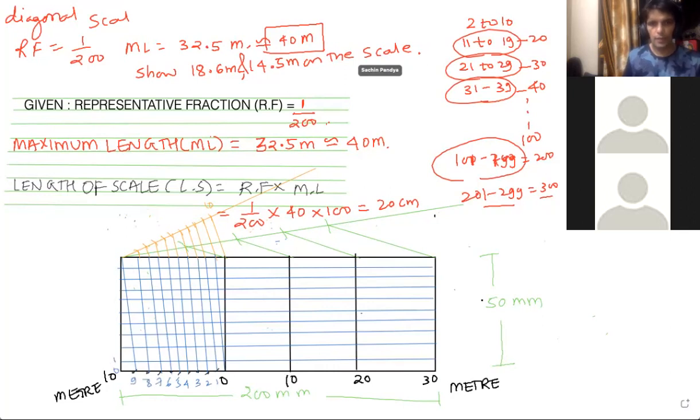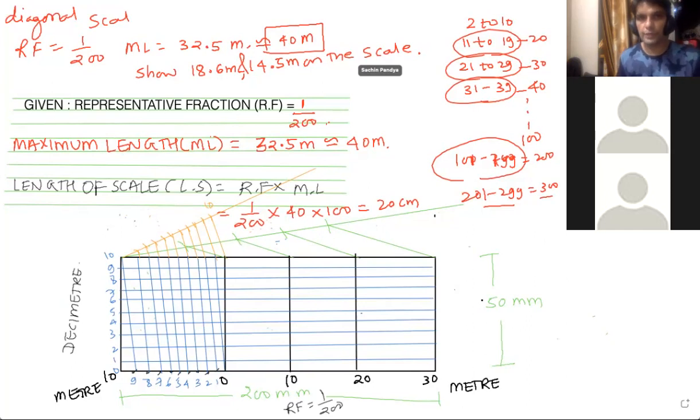This is 0, 1, 2, 3, 4, 5, 6, 7, 8, 9, 10. And this would be decimeter. Okay. This is RF, which is 1 upon 200. Done. So we are done with this sum.